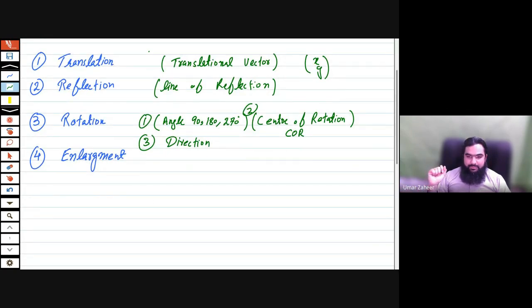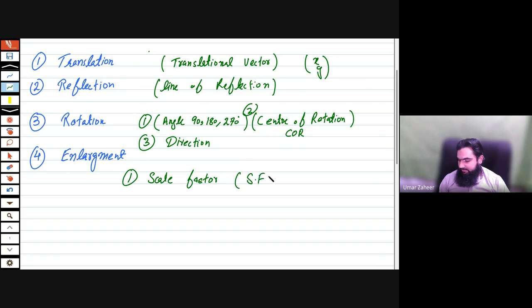Next thing is enlargement. For the enlargement, the first thing that we need is the scale factor. In short, we write SF.